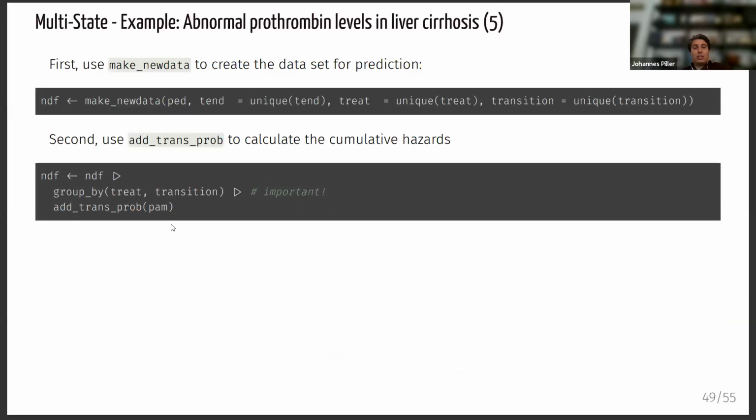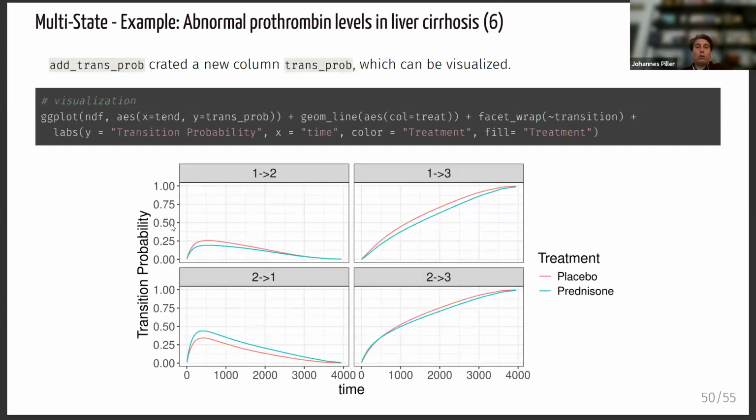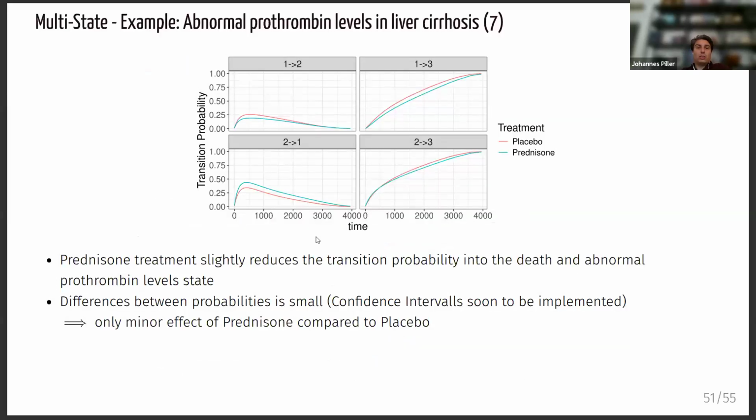This function includes our transition probabilities in our data set, which we can then plot again and display, for example, in a facet wrap plot, where each facet shows a different transition. And what can we derive from this plot, for instance?